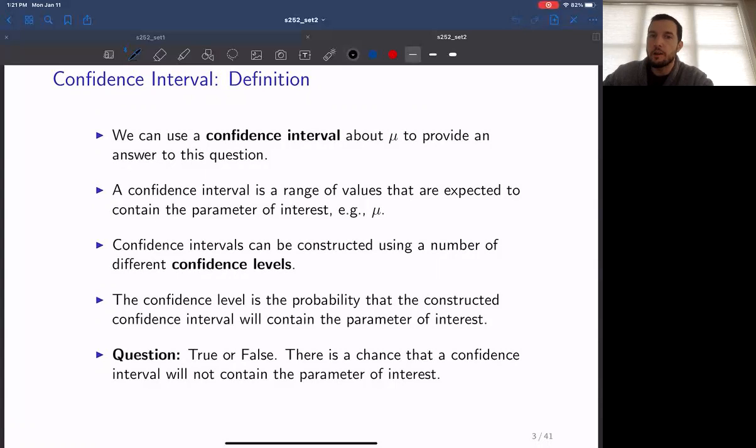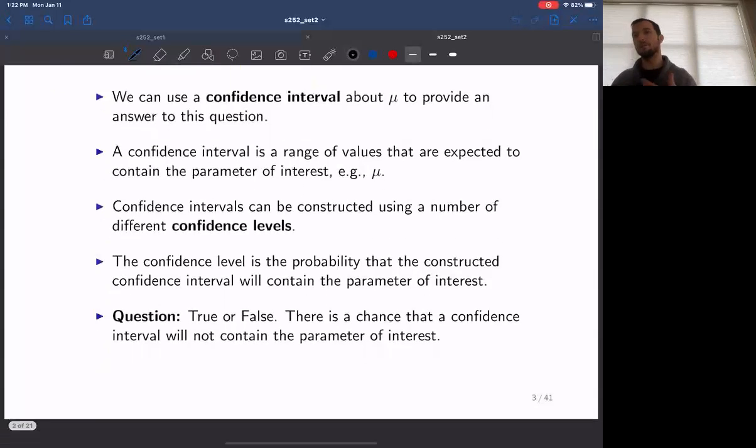Confidence intervals are constructed using what is called the confidence level. So we can have essentially different amounts of confidence in our constructed interval. And there are trade-offs between being very confident and being less confident in terms of the range of the interval. And this is something that we'll talk about a bit later as well through illustration.